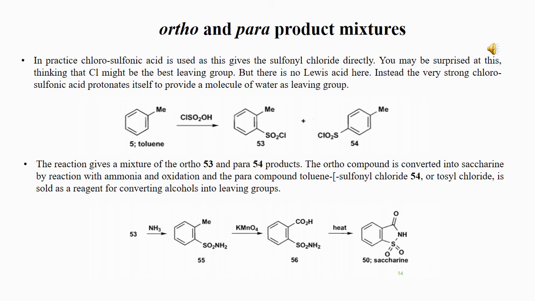It will be used in the market as a reagent for converting alcohols into leaving groups, and 53 will be converted by the reaction with ammonia into 55, and then will be oxidized with KMnO4 to give 56, and then will be heated to give the imide 50, that is saccharine.